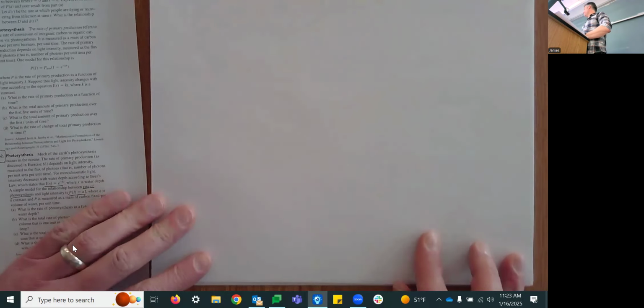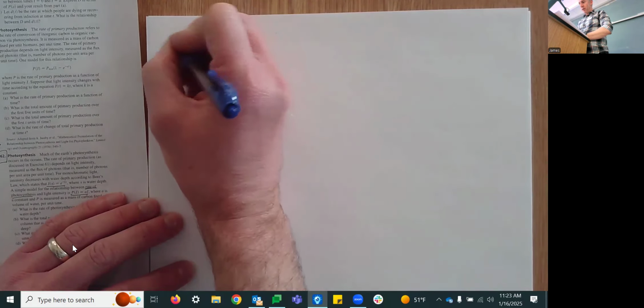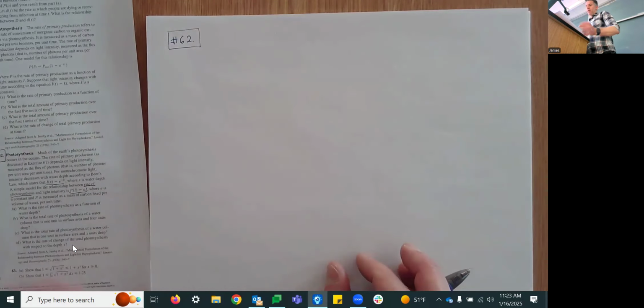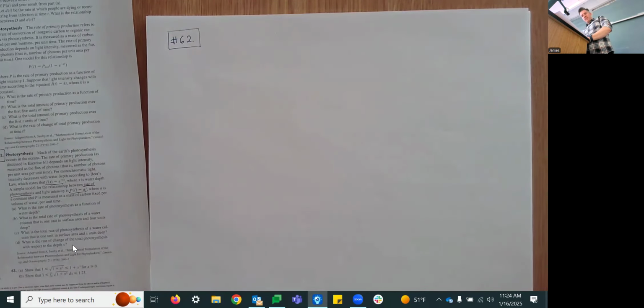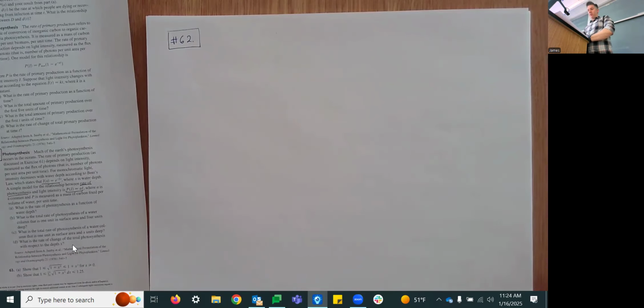So yeah, reading. I'm going to read through number 62 and kind of write down the pertinent pieces of information here. And that's a lot of words. Photosynthesis. Much of the Earth's photosynthesis occurs in the oceans. The rate, okay, I see an important word, the rate of primary production, as discussed in exercise 61, depends on light intensity, measured as the flux of photons. That is the number of photons per unit area per time.